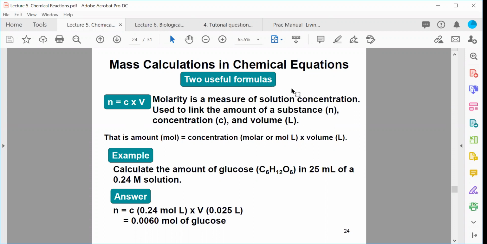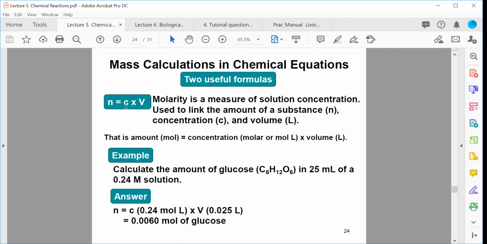All right, so let's firstly look at the formula. N, what is N? You already know that that means amount in mole, so we'll simply say number of mole, equals concentration multiplied by volume. Volume is pretty straightforward, but keep in mind that the volume has to be in litres. So if you're given a volume that is in millilitres, then you'll need to convert that to litres.